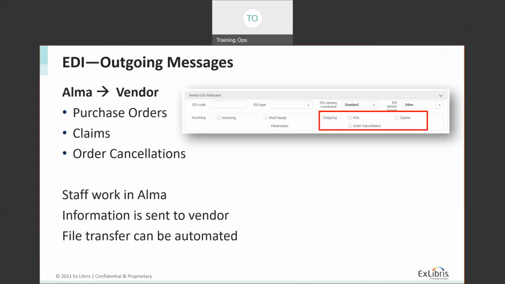Now, looking at that EDI tab, I want to mention there are specific outgoing messages. This is Alma pushing data to the vendor: creating purchase orders and sending them out, claims, and order cancellations. That work is initiated in Alma.